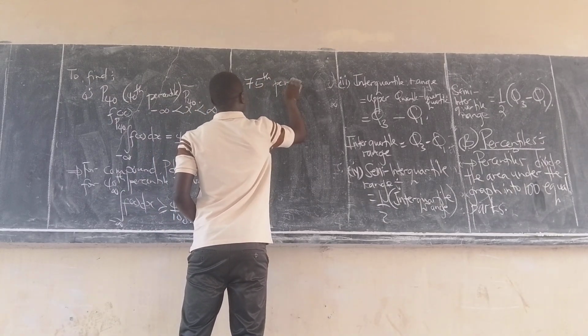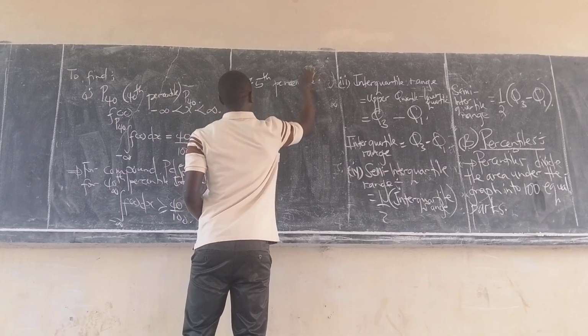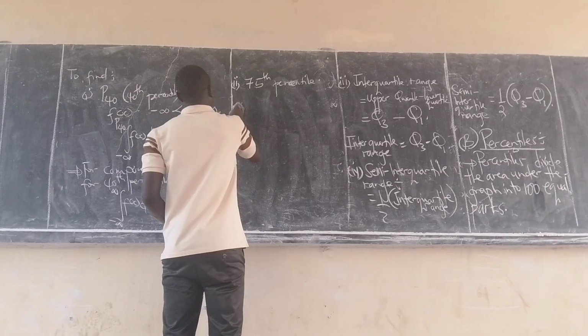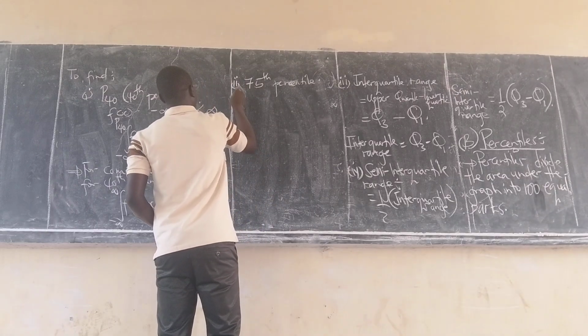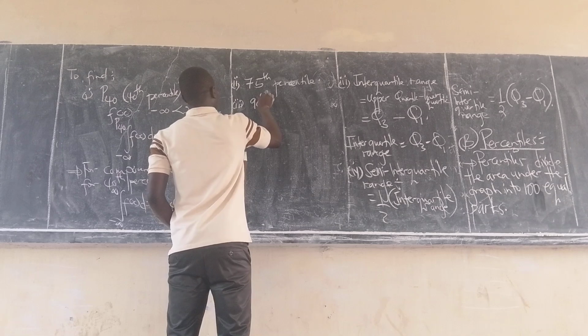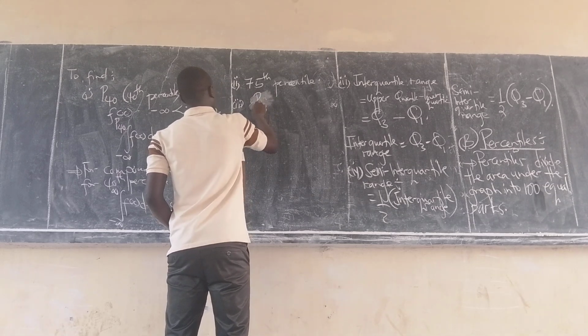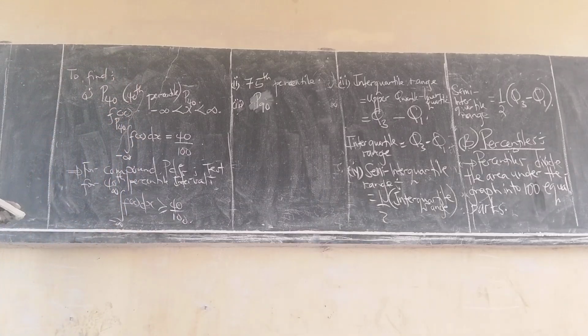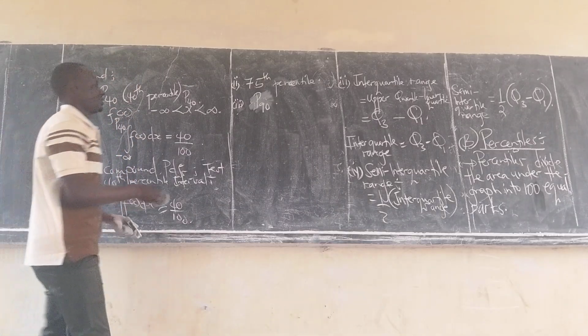How shall we have found it for both the simple PDF and also the determination of the interval? Then Roman 3. What if they wanted the 90th percentile? How shall we have covered it?